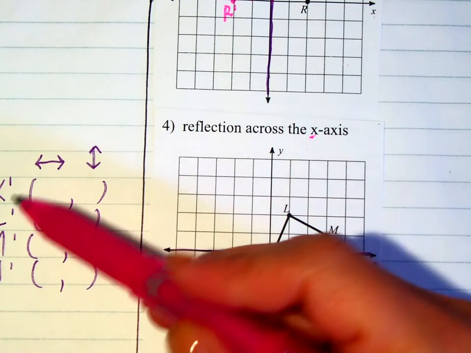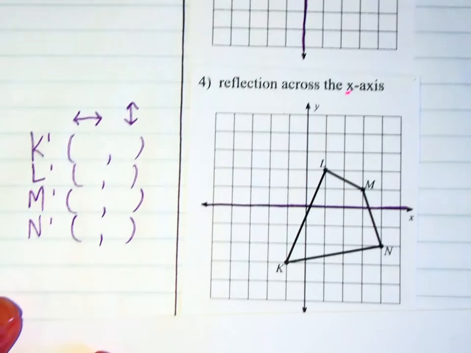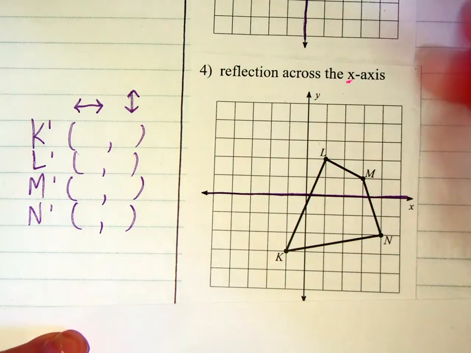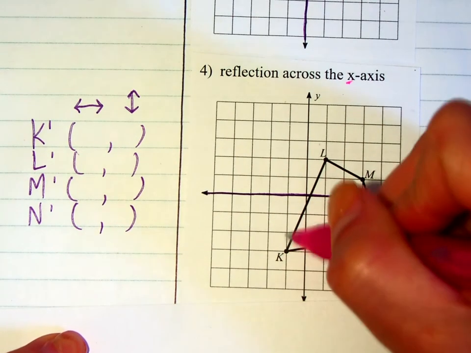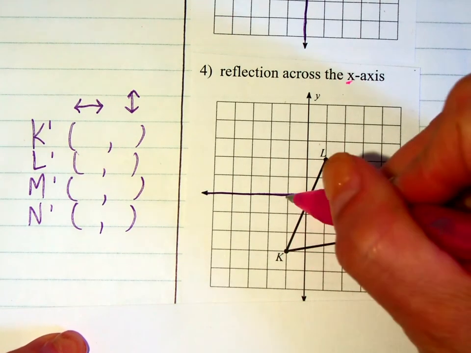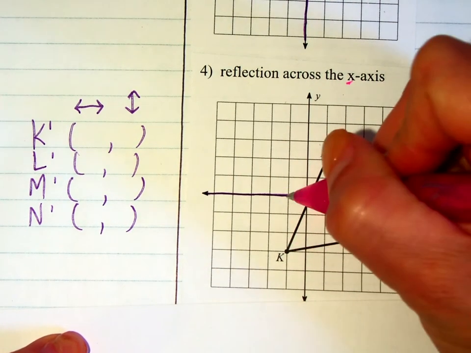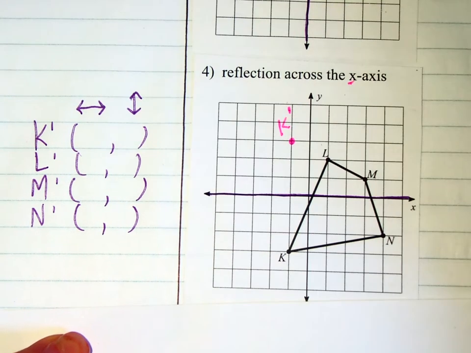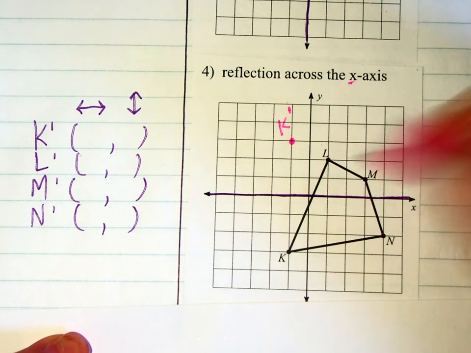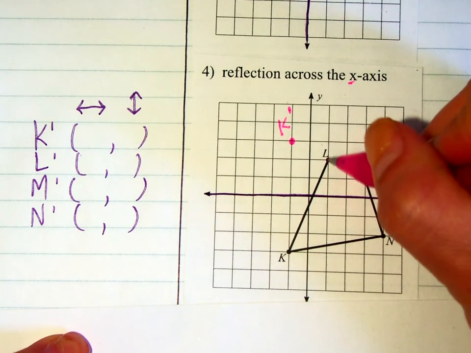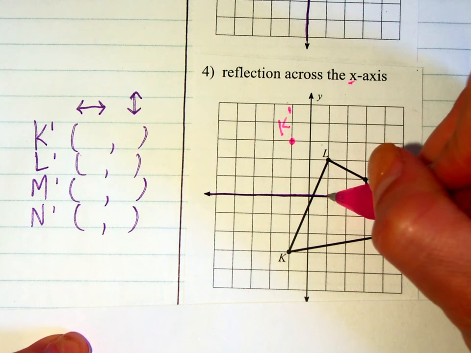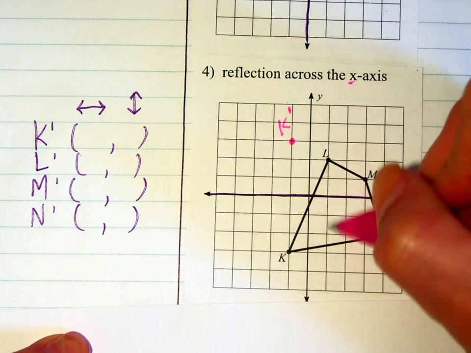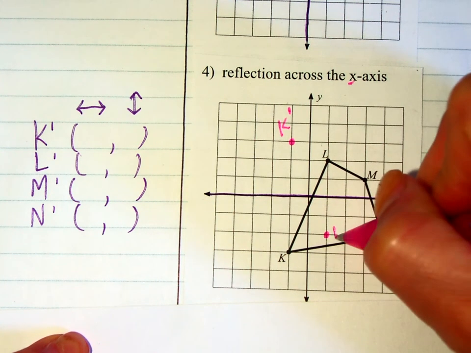I'm going to go in alphabetical order again. So this is K, L, M, N. So K is 1, 2, 3 spaces away from the line of reflection. So I'm going to move it 1, 2, 3 spaces away as well. K prime. L is 2 spaces up. So the opposite of that is 2 spaces down. And that becomes my L prime.